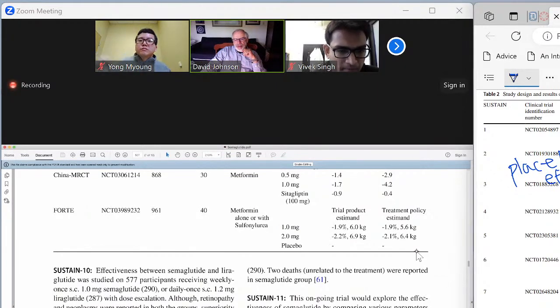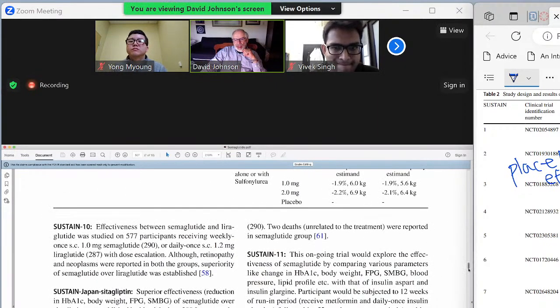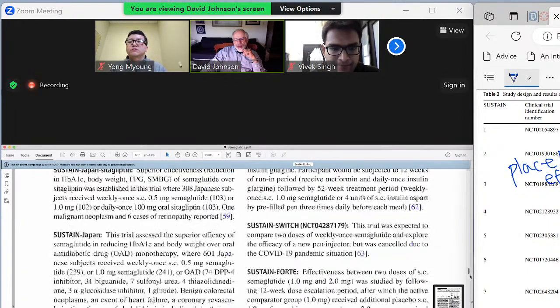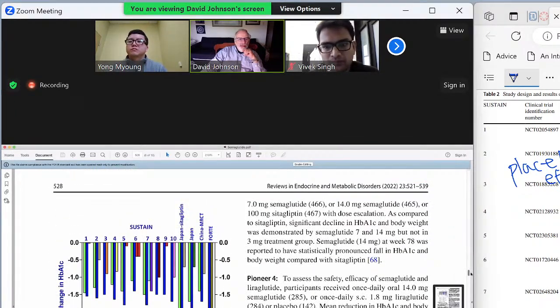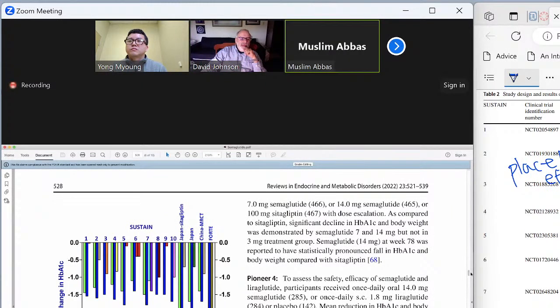What were some of the adverse effects associated with this drug? Does anyone recall? GI effects, nausea, vomiting. Right. GI, and at least in part, that's been linked to slowing of gastric emptying, which then can lead to nausea.